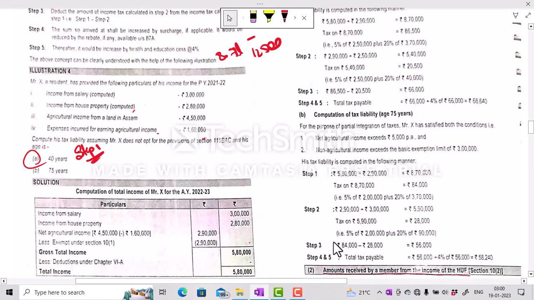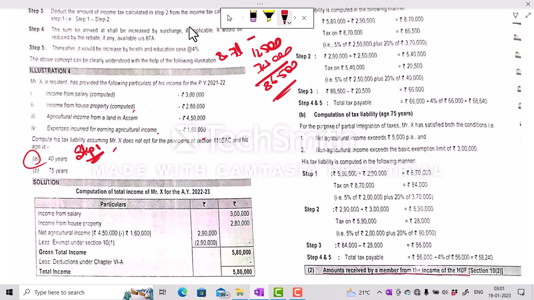So it will be 74,000. Total will be 86,500. So step 1 will be 86,500 and step 2, add agriculture income to basic exemption limit, that is 2.9 lakh to 2.5 lakh.